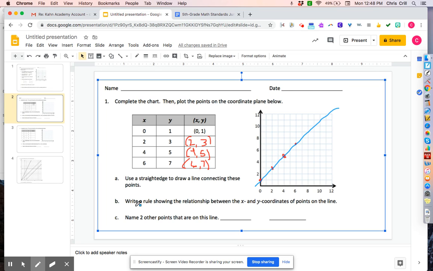So I'm thinking then that the rule is y is equal to x plus 1. If we were to write a sentence about that, we could say y is 1 more than x.